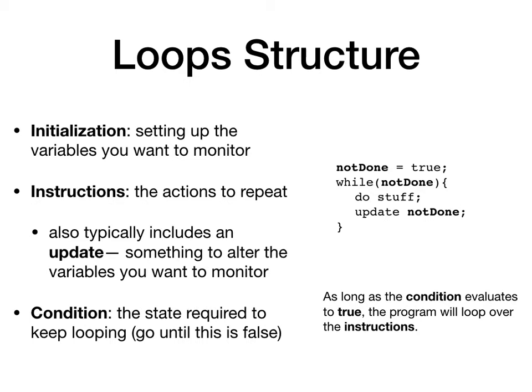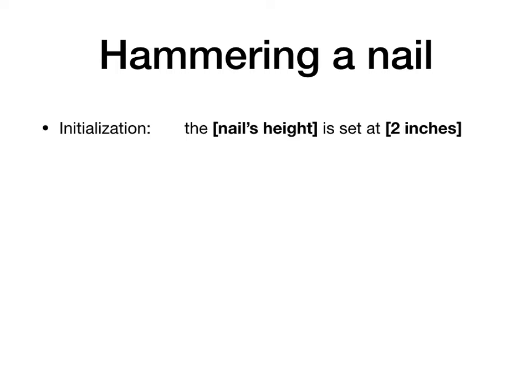So let's do this with the same example of hammering a nail. Again, we're going to keep using this, and this is the common sense looping. Initialization: the nail's height is set to 2 inches. Instruction: pound the nail, right? Do some function, this physical function of moving my arm to pound the nail.